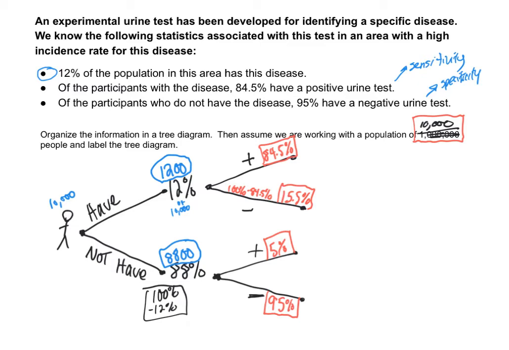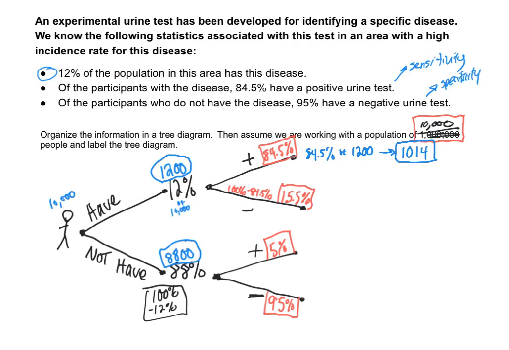Now let's take this one step further. If 1,200 people come in and those 1,200 people have the disease, 84.5% of that group is going to test positive, and 15.5% of that group is going to test negative. So if I take 84.5% of that 1,200, what I get is 1,014 people.